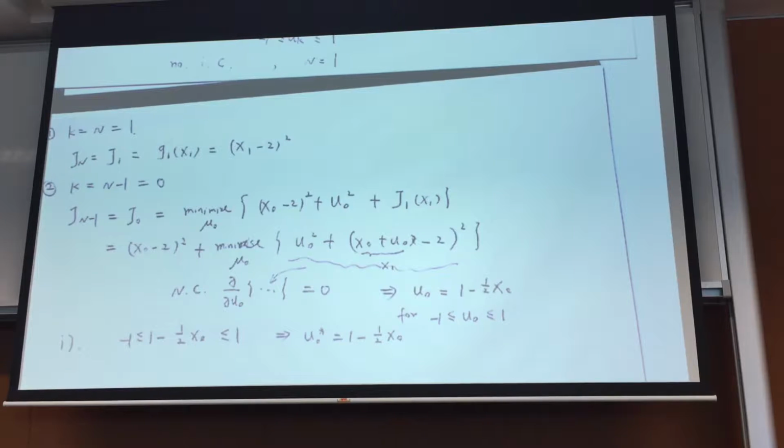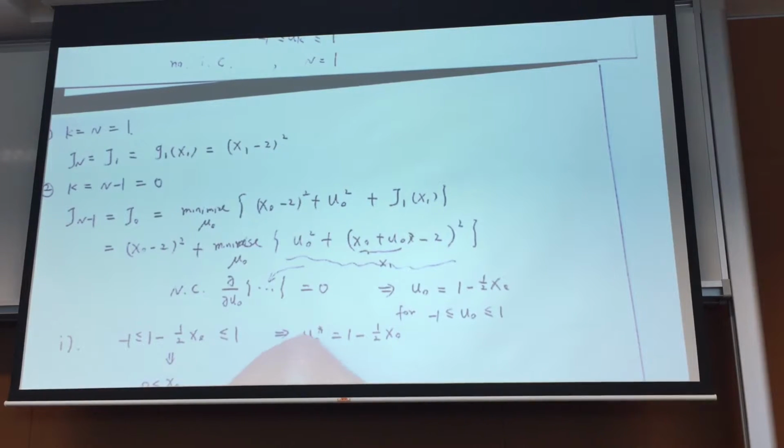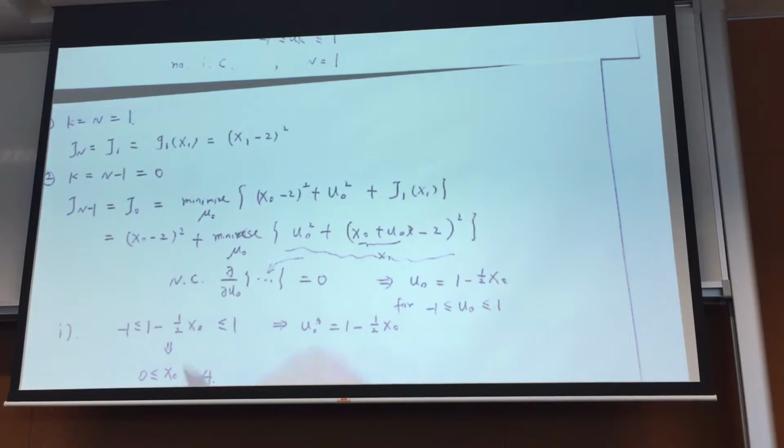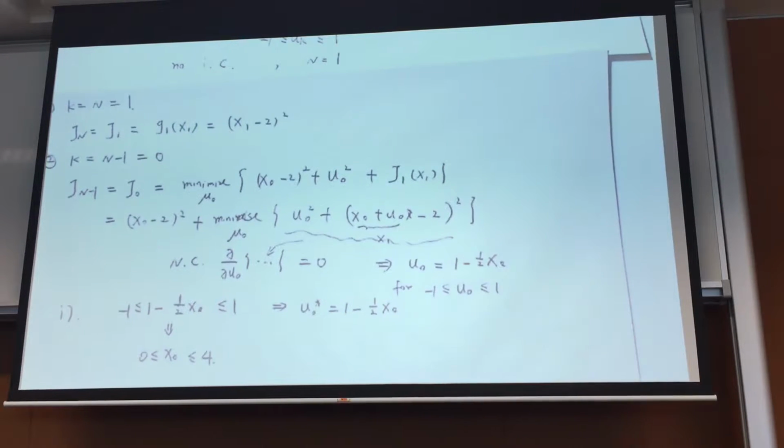In this situation, we want to further decide the range for x0. From this equation, we may derive that x0 is between 0 and 4. You only need to rearrange the equation.